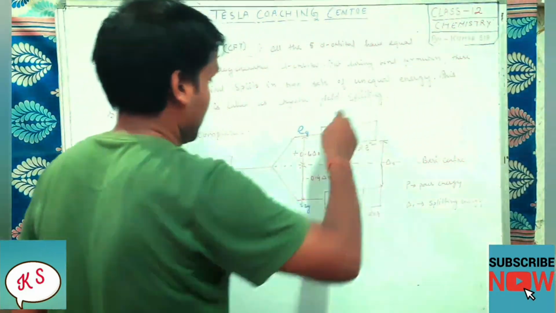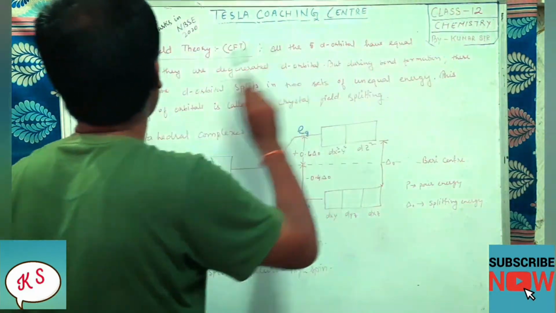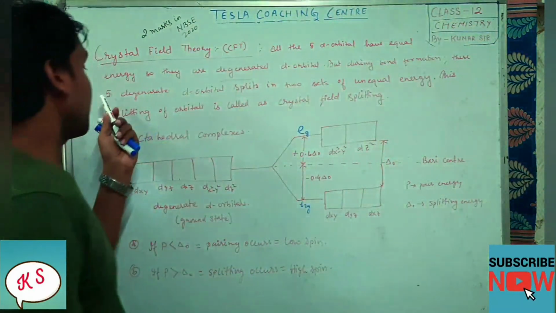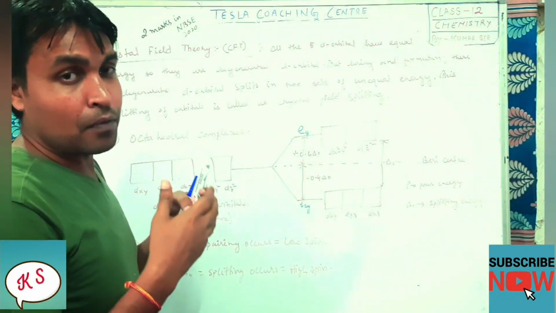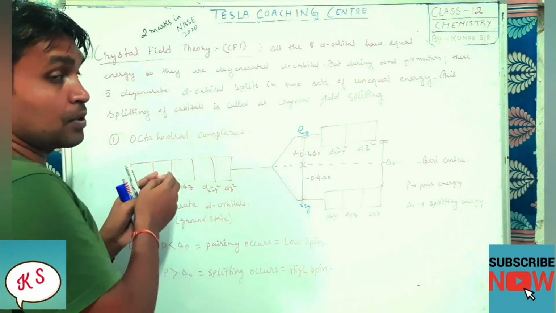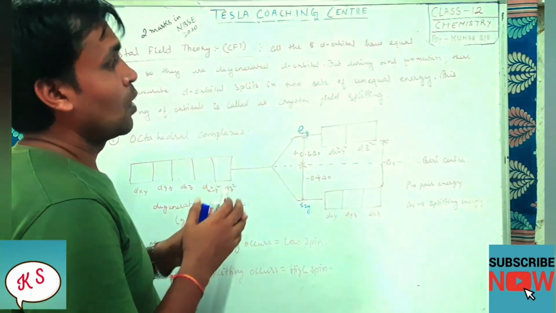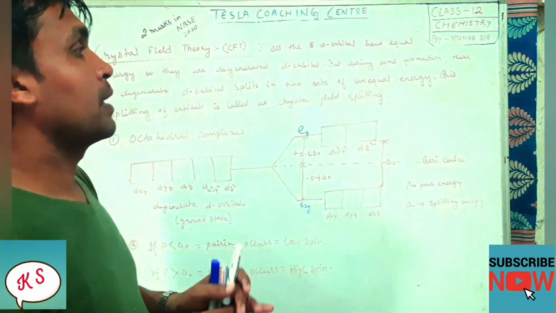But during bond formation, these 5 degenerate d orbitals split. When the bonds are formed, what will happen? These 5 d orbitals of the same energy will split into 2 different sets of unequal energy.